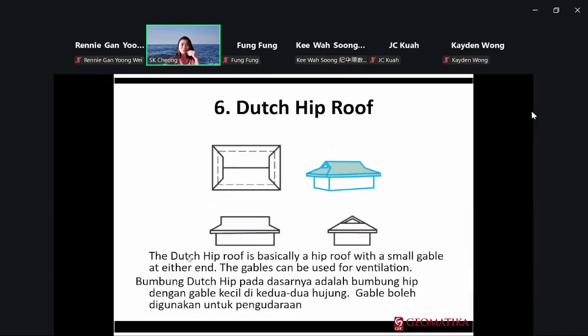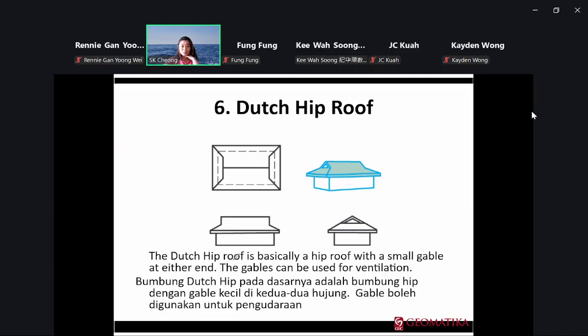Dutch hip. The Dutch hip roof is basically a hip roof with a small gable. So this is a gable, right? Small gable. During Caden's presentation, he also mentioned this gable, right?